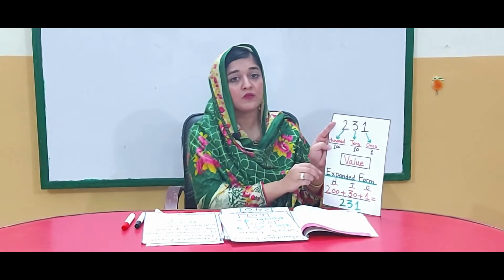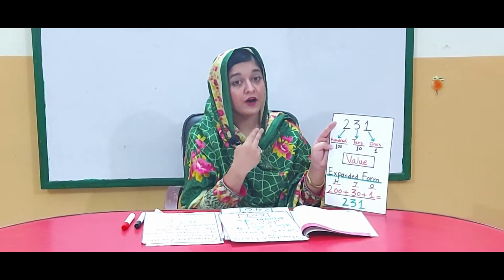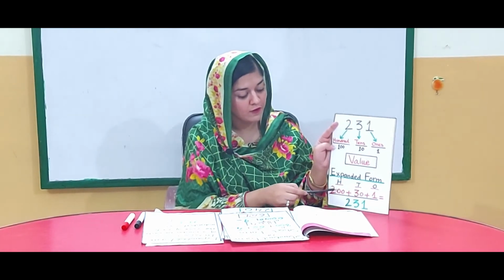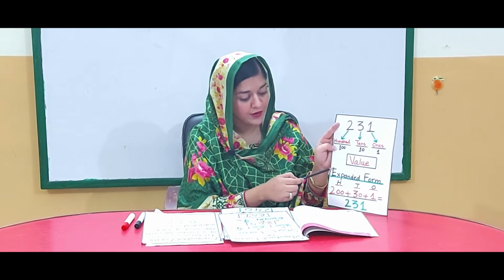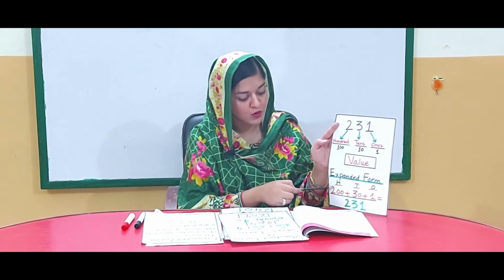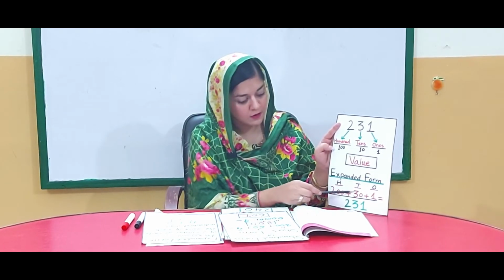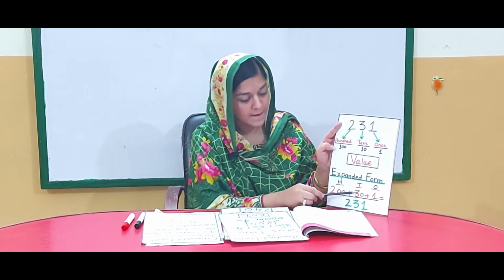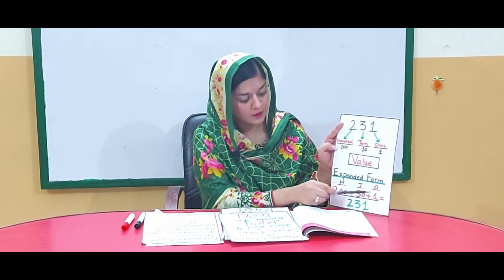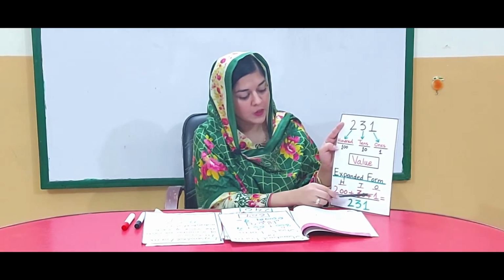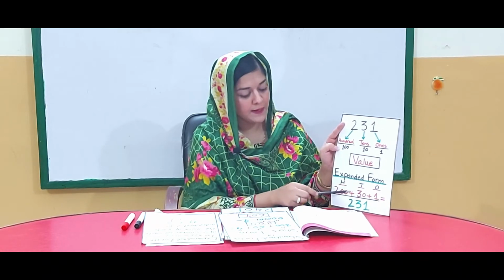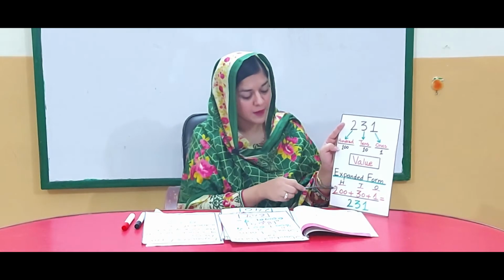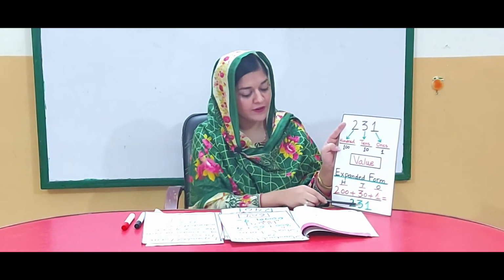Then how many tens are here in 3? 3 tens, so 30, plus what is here? 1. 200 plus 30 plus 1, when we sum them up, becomes 231 again.